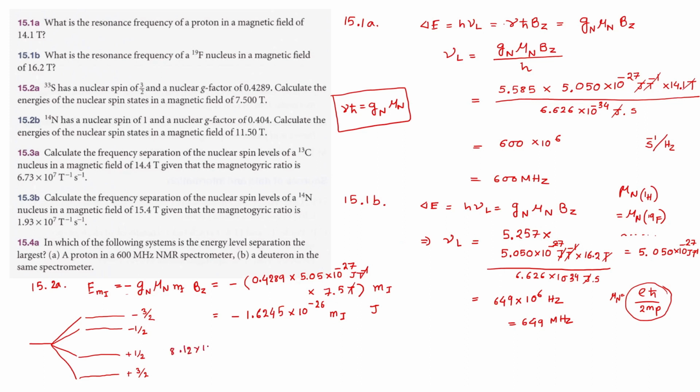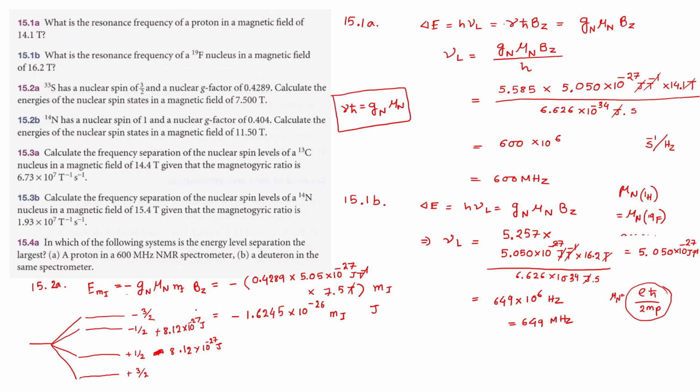For this the energy is 8.12 into 10 to the power minus 27 joule, and this will be negative, right? This is for plus and this is 8.12 into 10 to the power minus 27 joules. Actually this is plus, this is minus, right? This is plus mi and this is minus mi, minus minus will be plus, right?